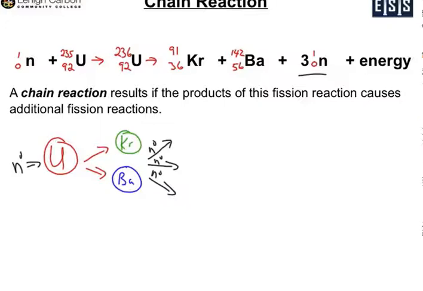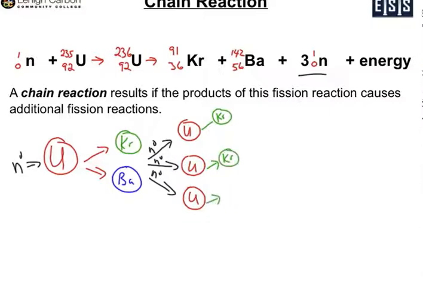Those 3 neutrons, as long as there's excess uranium around, can hit 3 more uranium atoms. Again, 82% of the time it will cause fission, break up again into your krypton and barium, and then each one of those reactions is going to give you 3 more neutrons.